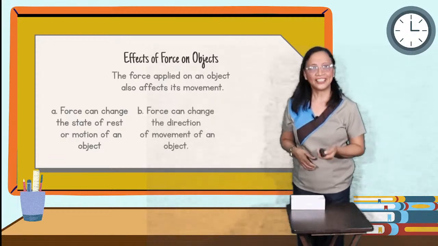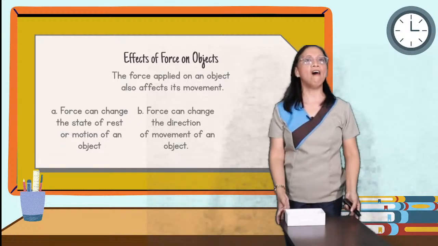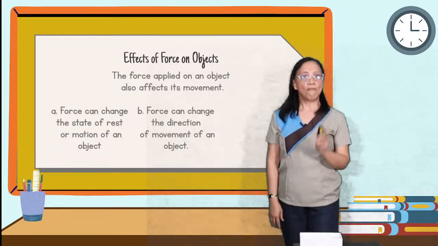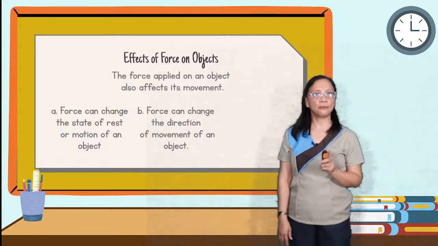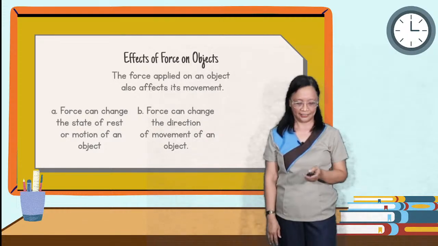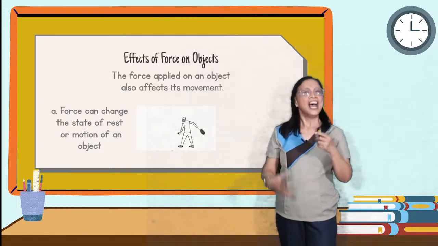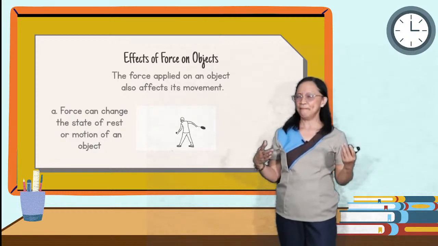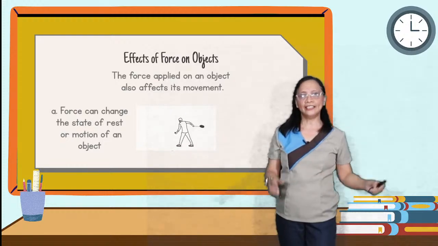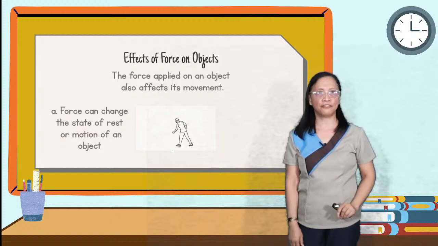Okay, next one. Force can change the direction of movement of a moving object. Let's have this example. What is C? Oh, a man playing badminton. Once he strikes the ball, it changes the direction of the ball.